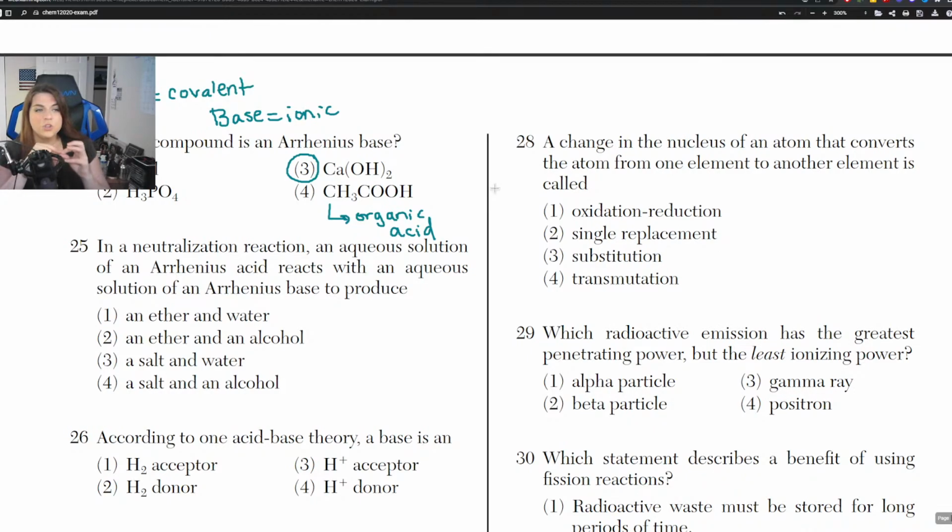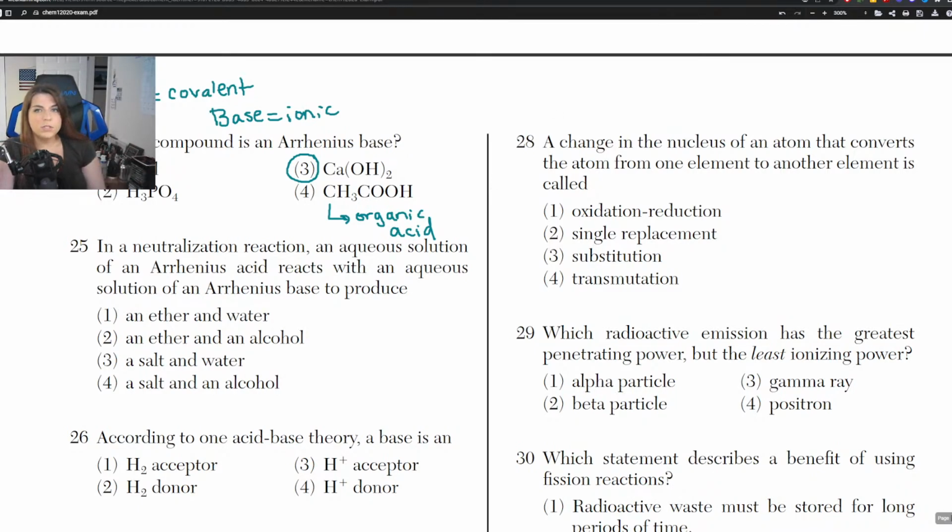But the CH3, COOH, has no metal. So we're going to assume there that there's only a sharing of electrons between all of those carbons, oxygens, and hydrogens, which would make it covalent. Just because it's covalent doesn't mean that it's an acid, but if it is an acid, it must be covalent. And because that's covalent, it couldn't possibly be a base.